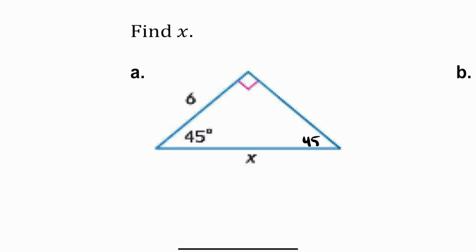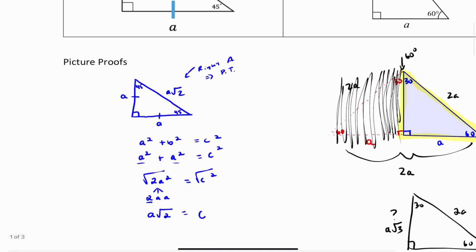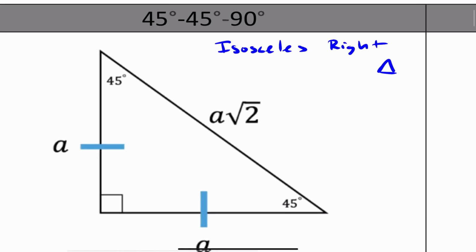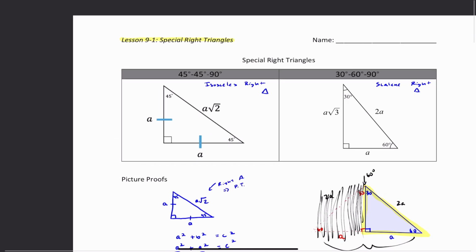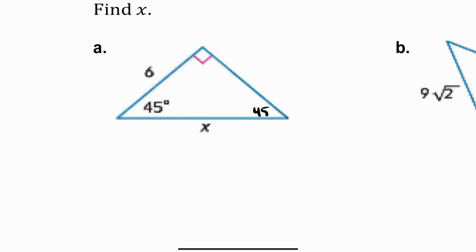And if you put that in your calculator, they should add up to 180. So what do we have here? We have a 45, 45, 90 triangle. That means we're going to be using this setup over here. And yes, you'll be getting these charts for your quizzes and tests. So we have a 45, 45, 90 triangle.